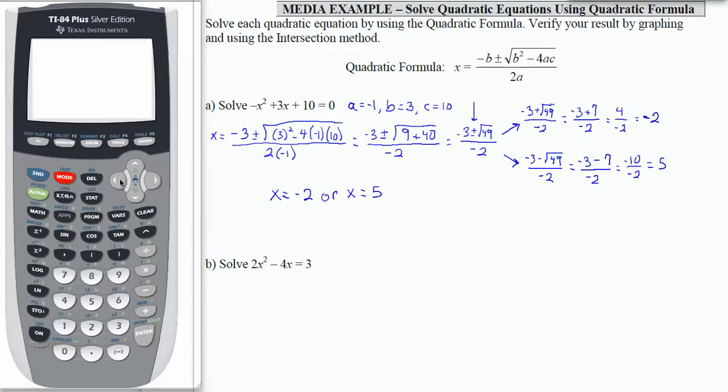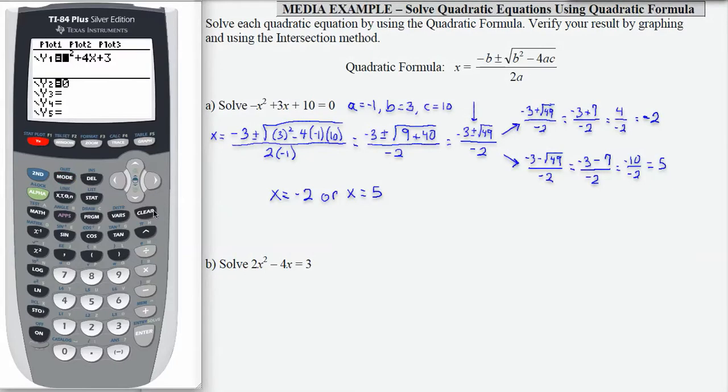Let's use our calculator to verify. I'm going to go to y equals, I'm going to clear y1, and I'm going to enter negative x squared plus 3x plus 10. y2 is 0. That's the equation that we're solving. I'm going to check that I have a standard window, which I do, and then I'm going to press graph.